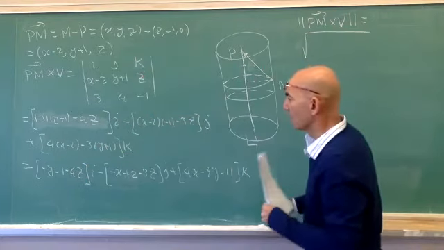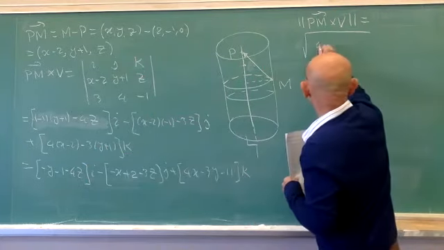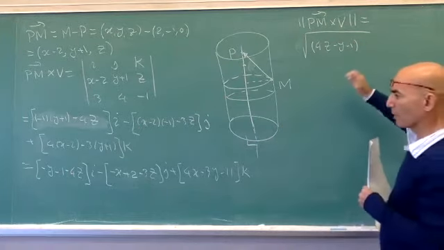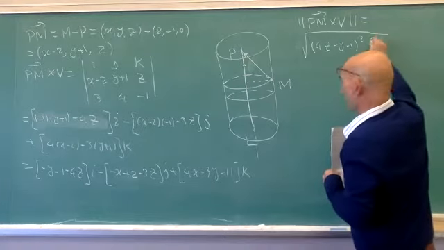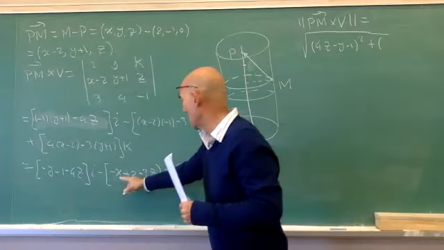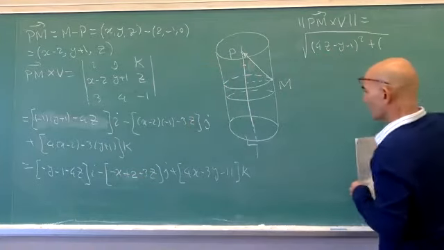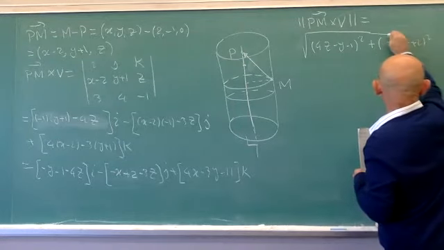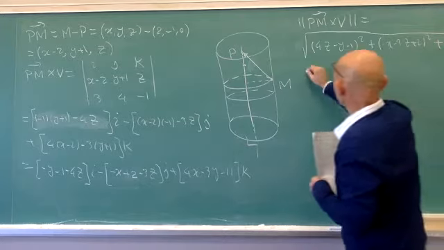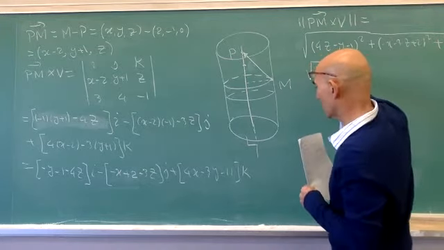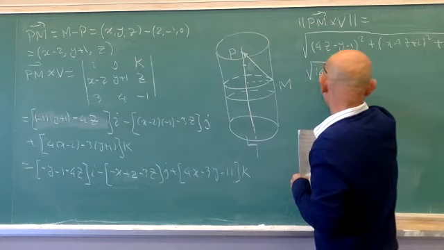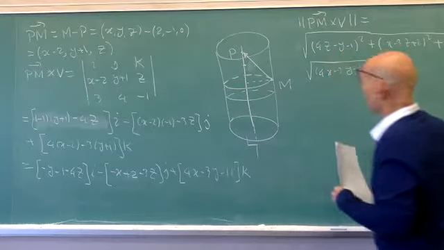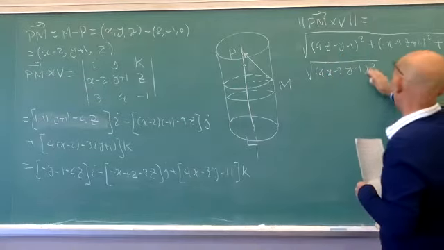So this is 4z minus y minus 1 squared, plus negative x, negative 3z plus 2 squared, plus 4x negative 3y negative 11 squared, and the square root continues over all of it.